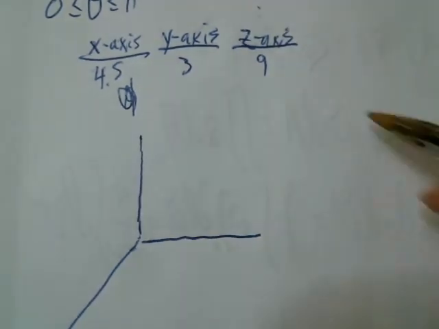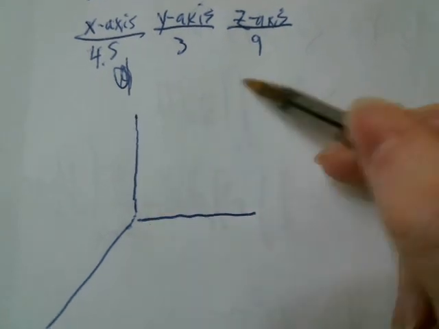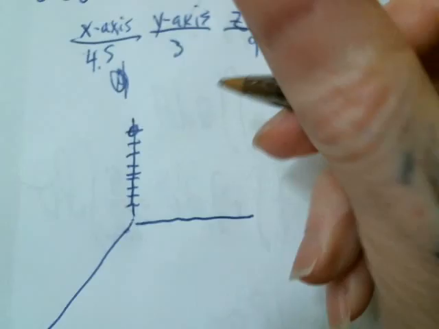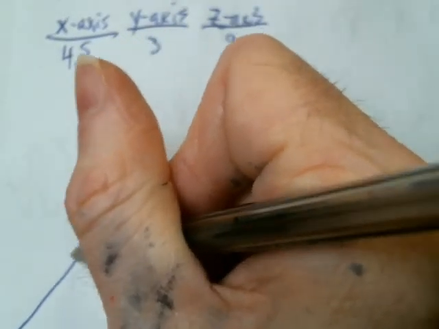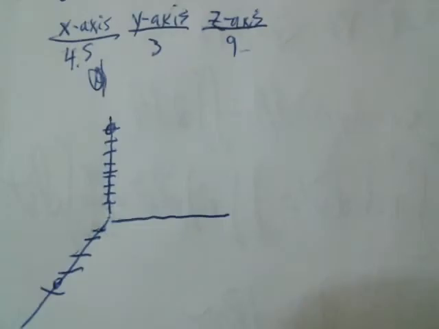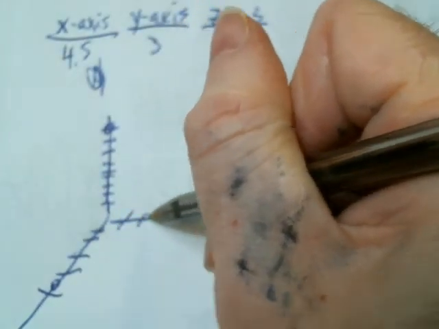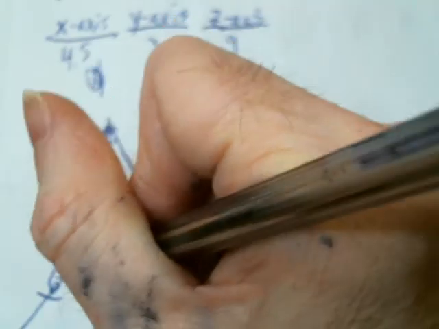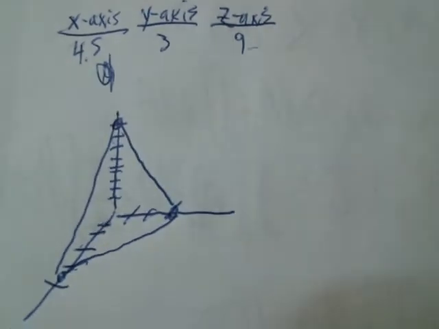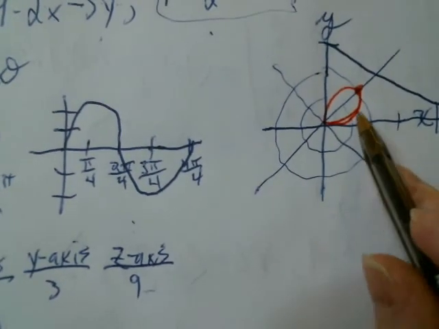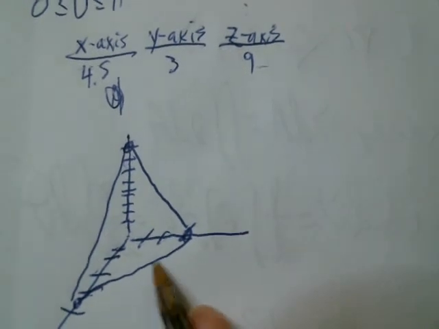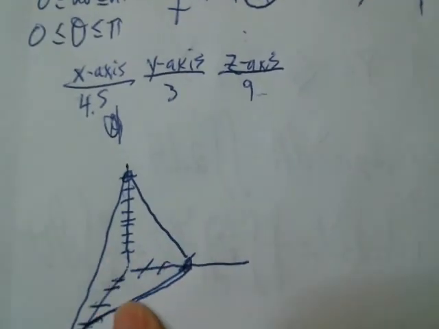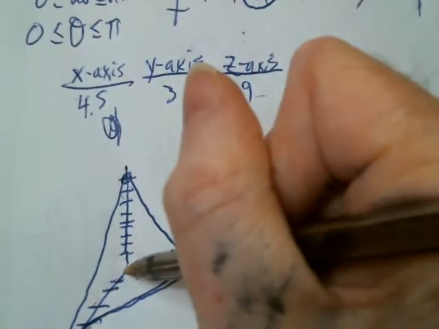We have this rose petal in this plane, but on the z-axis, 1, 2, 3, 4, 5, 6, 7, 8, 9, it's way up here. On the x-axis, it's 4.5. On the y-axis, 3. So we have this plane and that first octant cutting through like that, and it's over top of this rose petal. This line right here corresponds to this line right here. So that red petal is going to be inside of that triangle, in this region here.